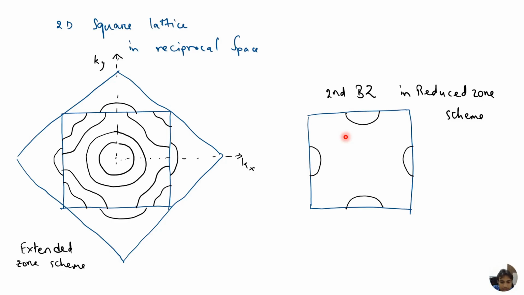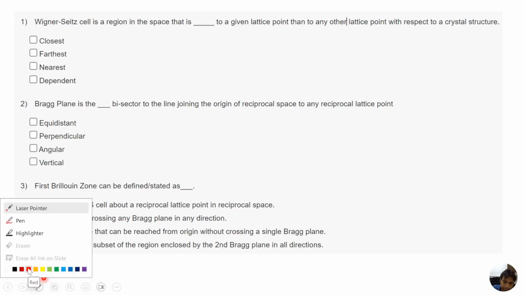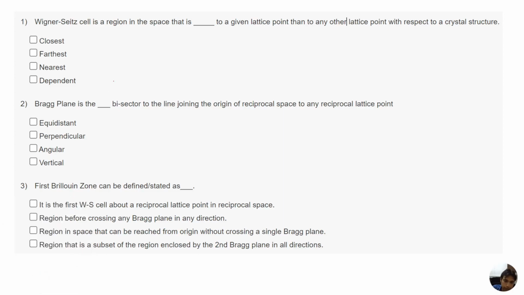Let us discuss some question answers based on these discussions. Okay, so what is Wigner? Can you answer the first question? Wigner-Seitz cell is a region of space that is closest to a given lattice point with respect to any other lattice point. Closest, right?